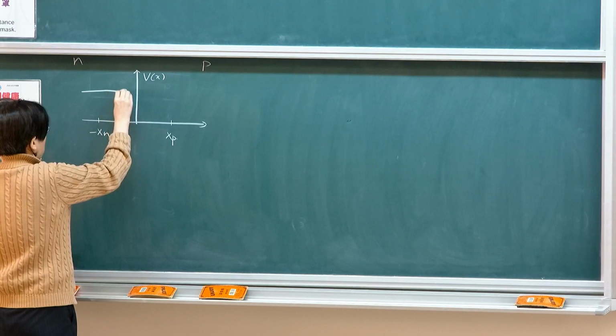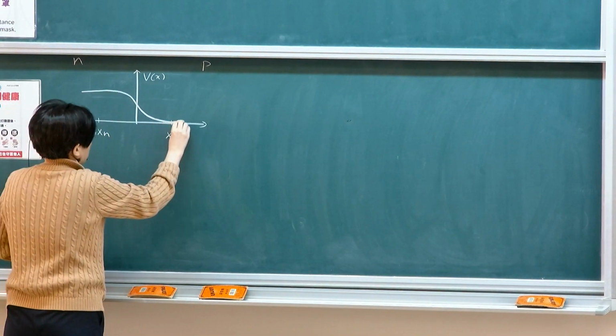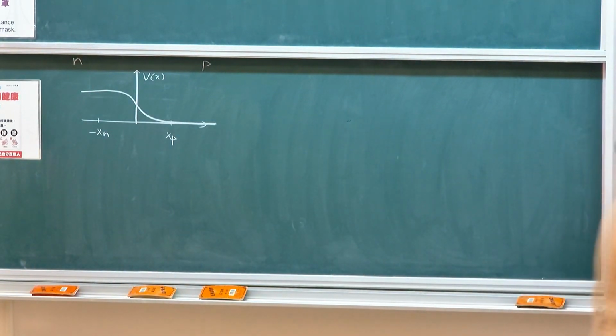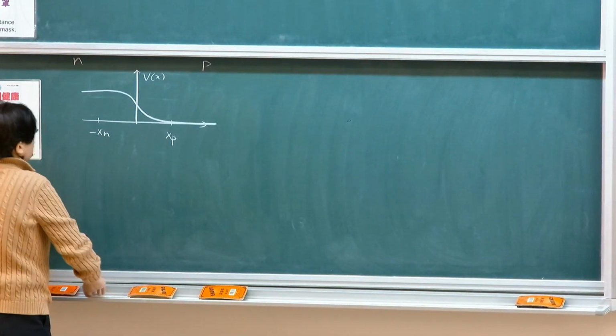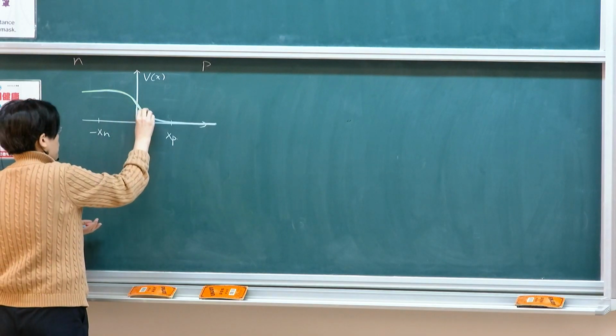Remember, it starts decaying right at the center, sharpest, and then it flattens out. So this is your potential changing along X, and we know that the height is our built-in potential. Let me use a different color.